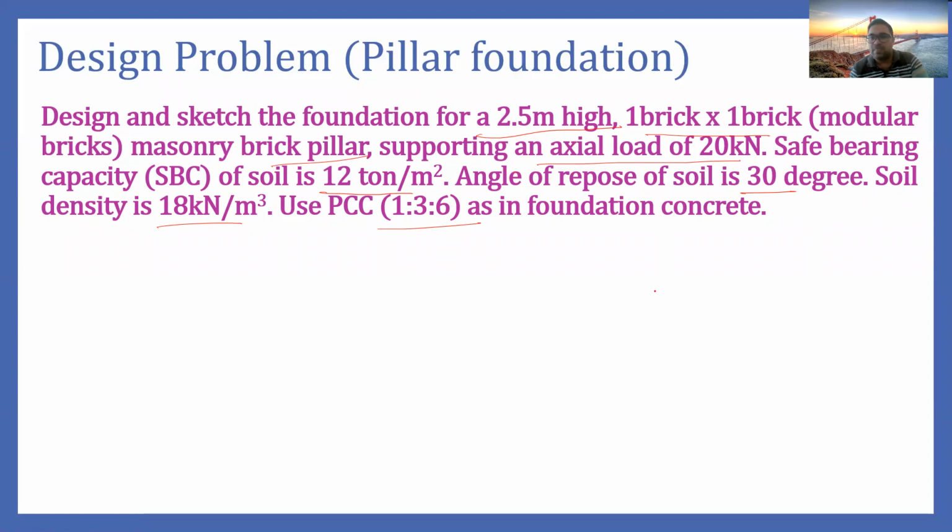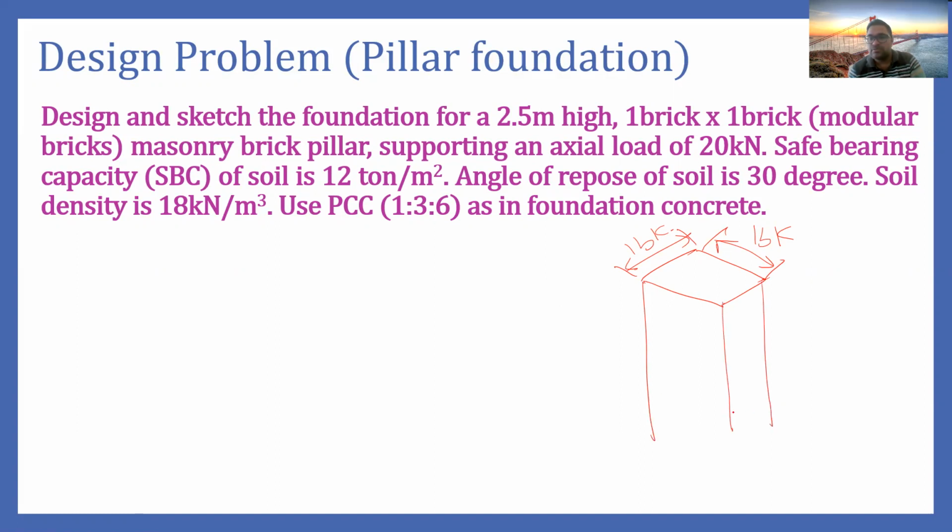So in this, we have the brick pillar, and because it says this is one brick and this is one brick, we have to see what will be the dimensions of the column. So as I said earlier, if we are using modular brick, we know the size of brick as 190 by 90 by 90.